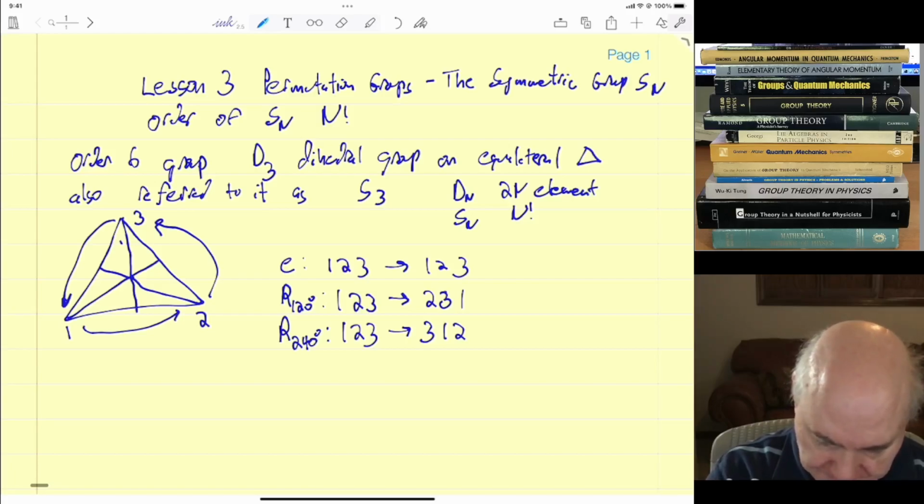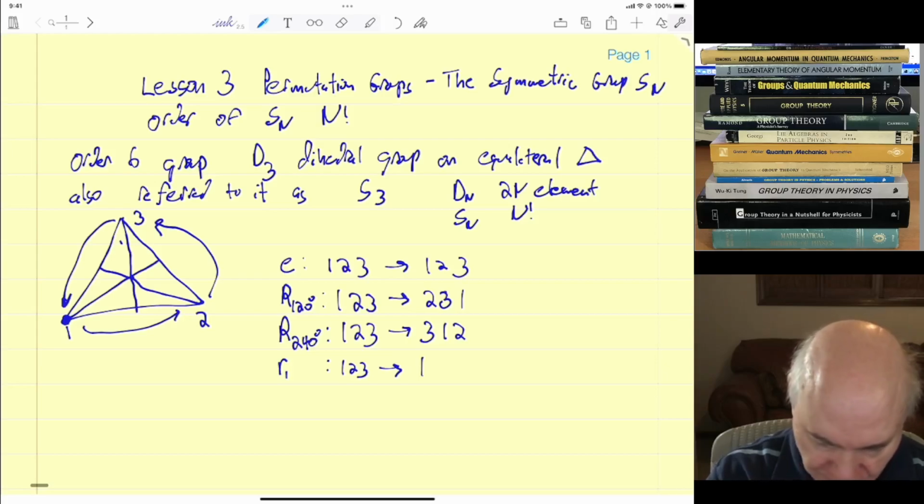And then we have the reflections, and I'm going to denote them by a small r, subscripted by the point that they reflect through on this diagram. So r1 is the reflection about this axis. When we reflect about an axis, the point which labels that axis always stays the same.